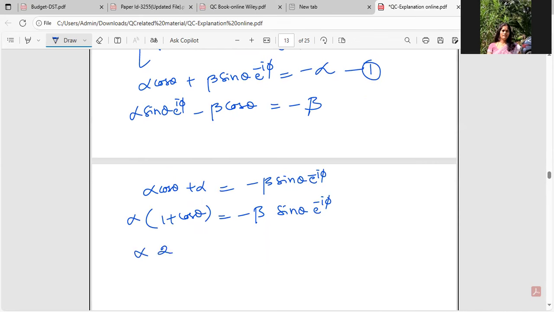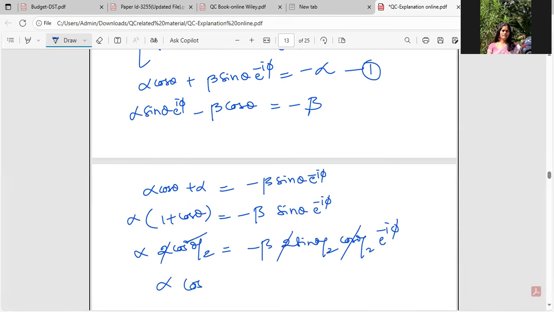Alpha 2 cos squared theta by 2 is equal to minus beta 2 sine theta by 2 cos theta by 2 e power minus i phi. Okay. So 2 goes off, cos goes off, 2 goes off. Alpha cos theta by 2 is equal to minus beta sine theta by 2 e power minus i phi.